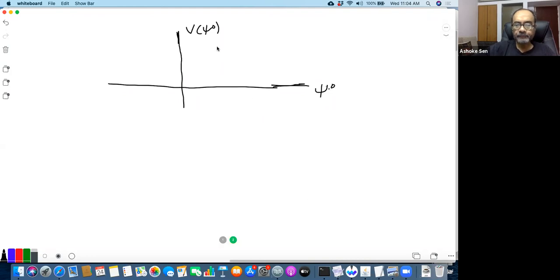For the D-instanton, this V is really the action because there is no momentum, so the action and potential, there is really no difference. It has been known from early days of study of tachyons on unstable D-branes that the tachyon potential has a shape like this.